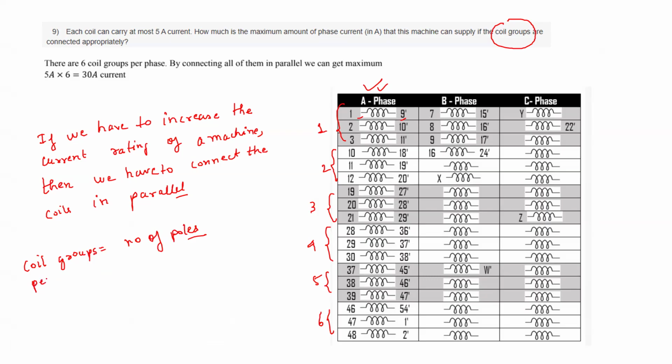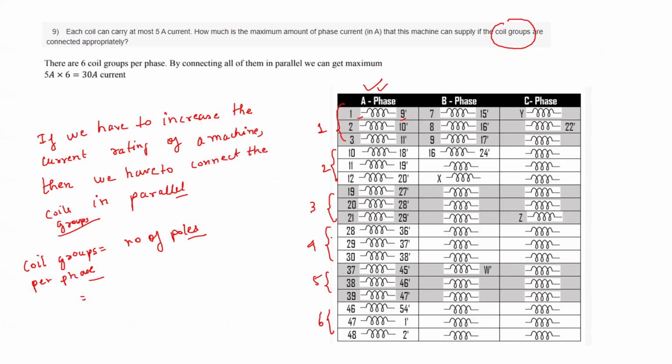Okay? So if you connect these six coil groups in parallel, so if we have to increase the current, then we have to connect the coil groups in parallel.